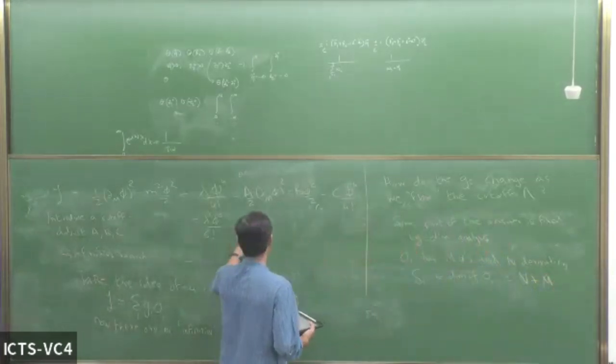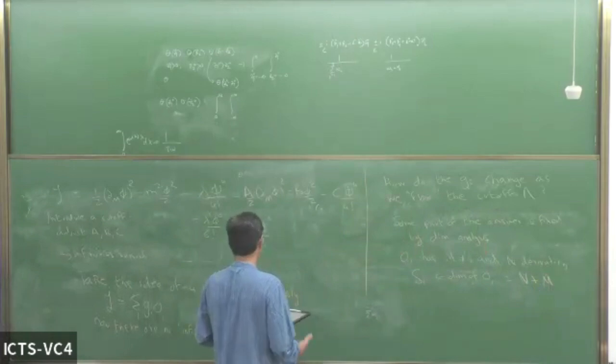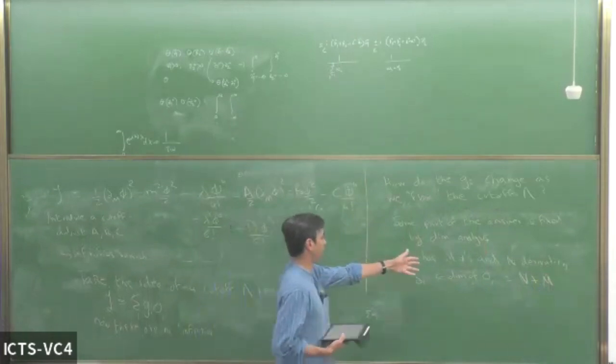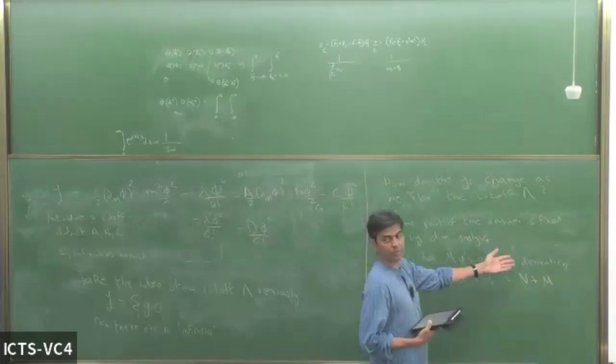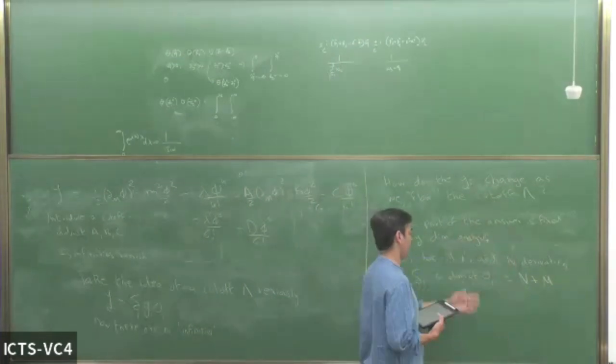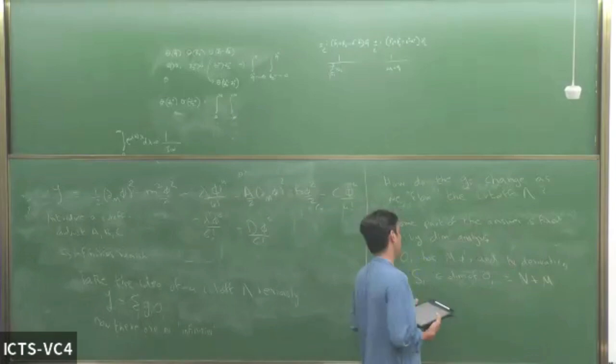That's just because every phi has dimension one, and every time you have a derivative, that's like one over distance, so you get some dimension. That's m plus n. Okay.